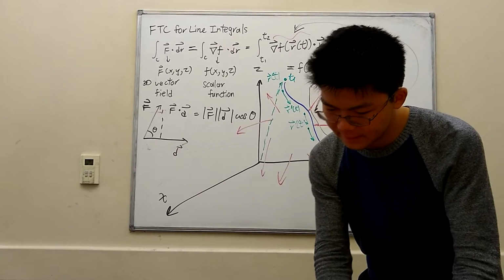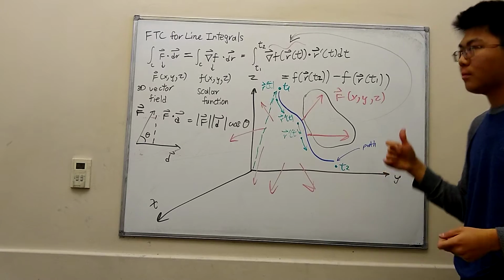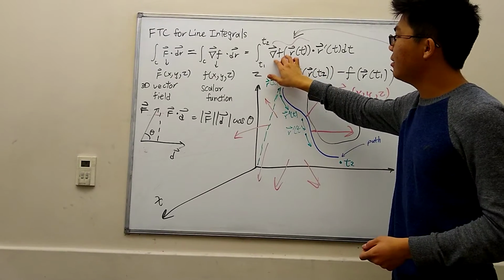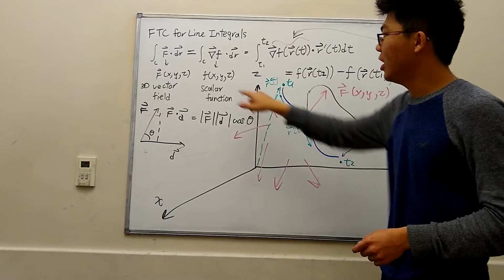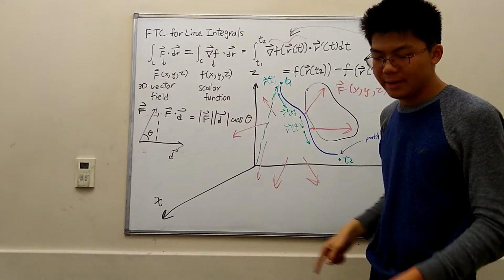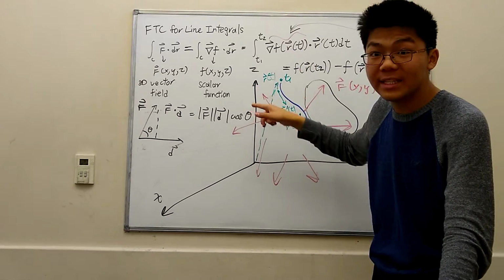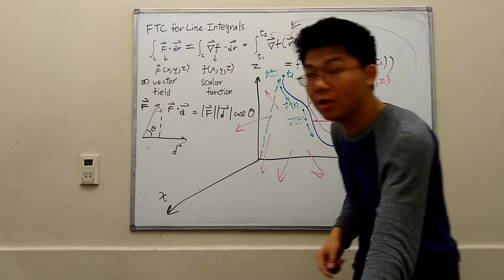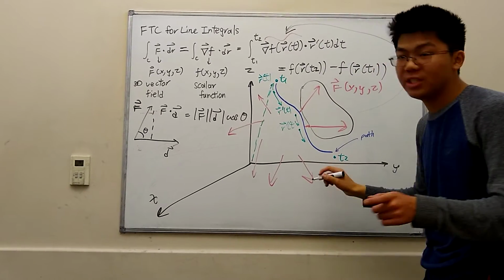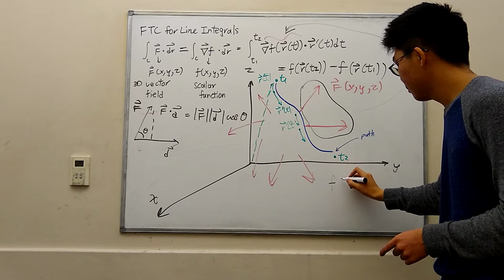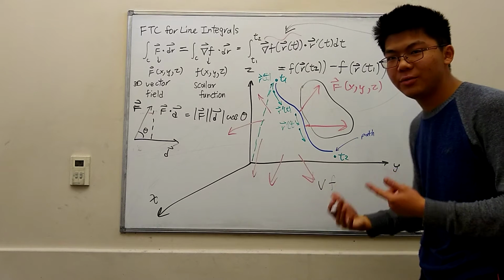Next, let's talk about what's going on here. So, we know that our gradient of our function little f is a function of x, y, and z. But in this case, by doing r prime of t, we're parametrizing it along this curve. And so, what we're doing is, we're actually changing this into its derivatives.